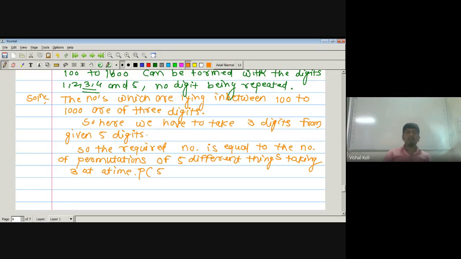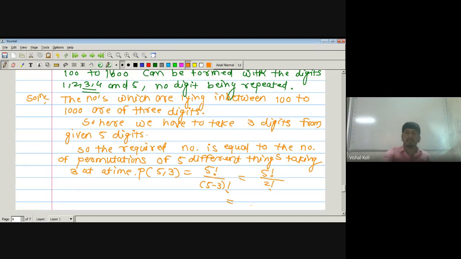Here n is 5 and r is 3, therefore it is 5P3, which is n factorial divided by (n minus r) factorial, that is 5 factorial divided by (5 minus 3) factorial, which is 5 factorial divided by 2 factorial.